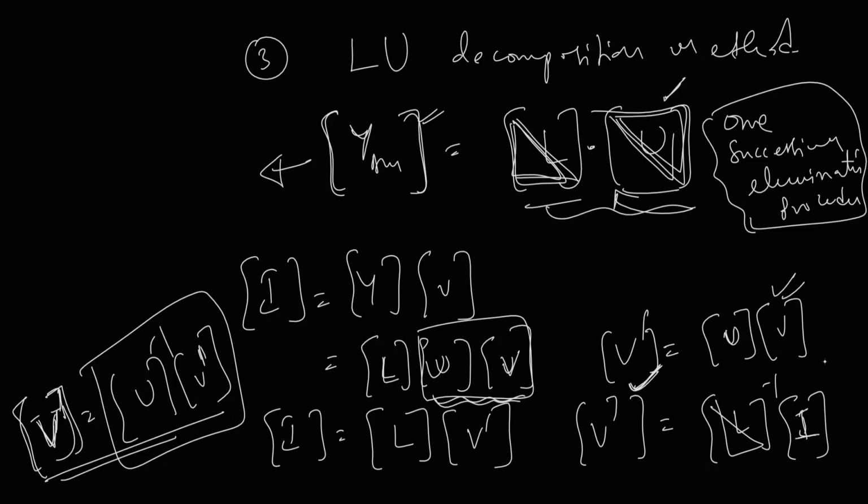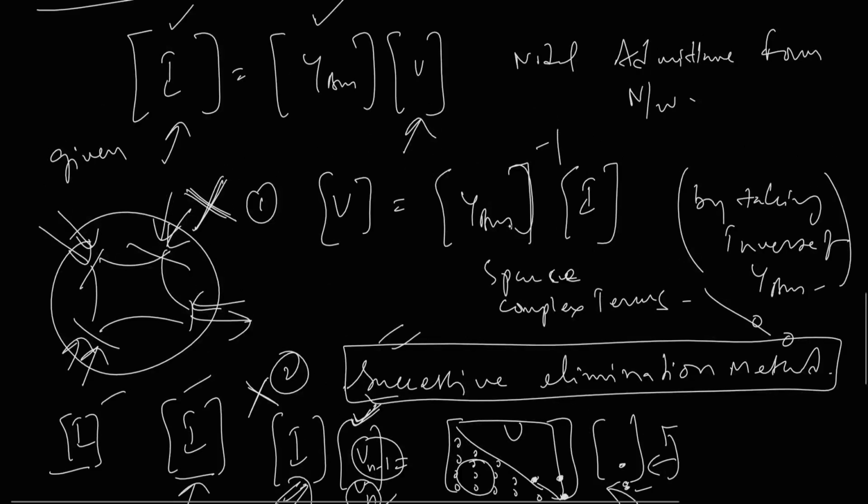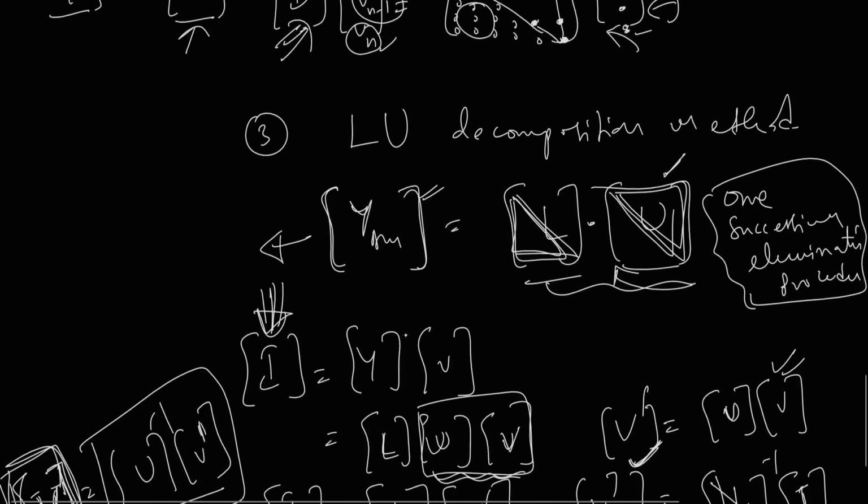Once you have these two factors, for any given injection vector, you can find the bus voltages just by two substitutions, a forward substitution and a reverse substitution, to find the complete bus voltage vector V. Okay, this is the idea about the network solution. A brief idea about network solution by matrix inverse, successive elimination and LU decomposition.